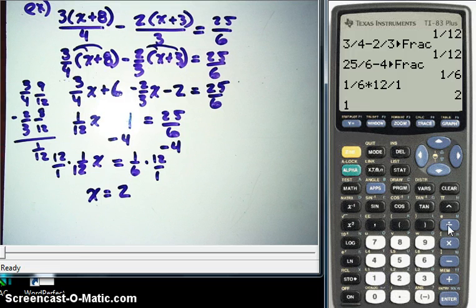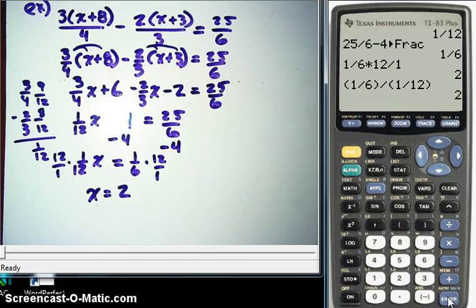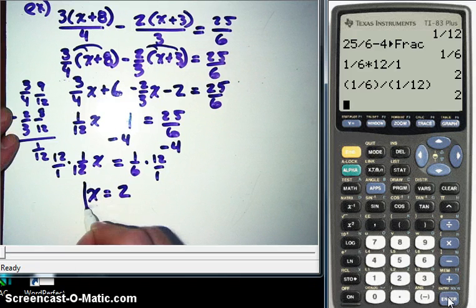I could have said 1/6, oops, I should have put this in parentheses, because if you're going to do division, like I'm about to do, you have to have these parentheses here. The answer is quite different if you don't. Divided by 1/12. So you could divide both sides by 1/12 is essentially what you would do, and you still get the same answer. That's why it works. But there you have it.